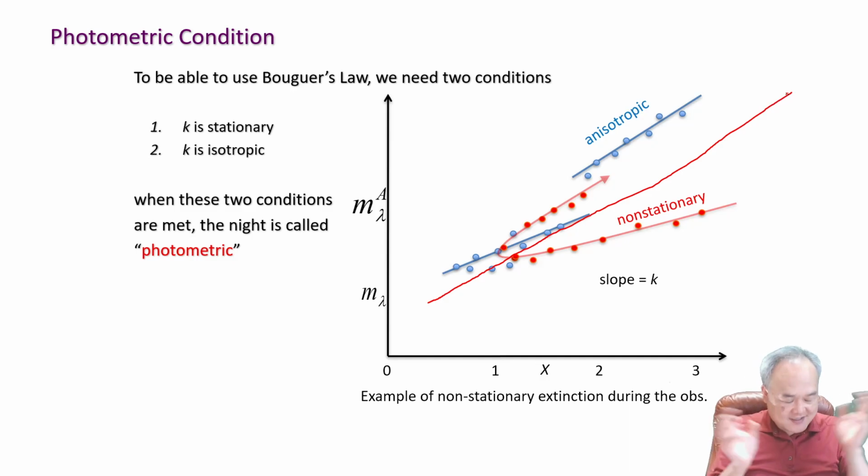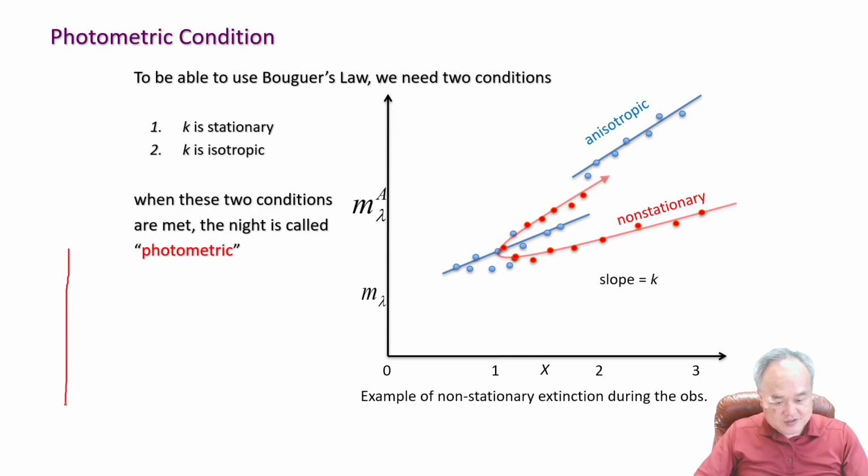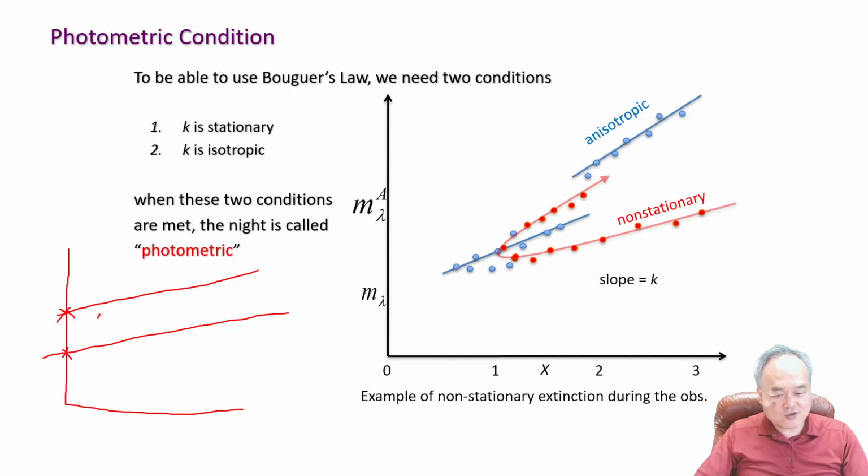Imagine you are observing multiple standard stars with different y-intercepts. For one standard star you obtain this, but for a different standard star you obtain exactly the same slope but a different y-intercept, because these two standard stars have two different known brightnesses, right? If that is the case, then your observation condition is known as perfectly photometric.